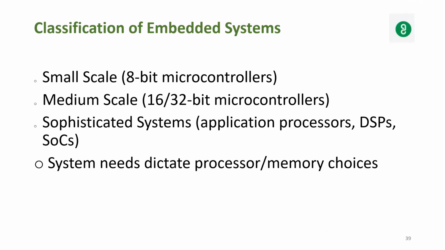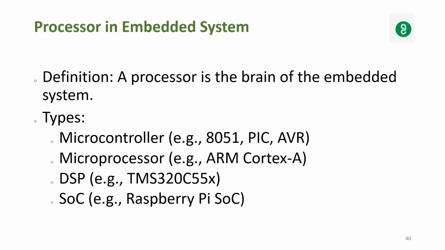That is the important advantage in the case of sophisticated systems. Just imagine the airbag in a sophisticated car. This is a simple example of a sophisticated system. System needs dictate processor and memory choices.